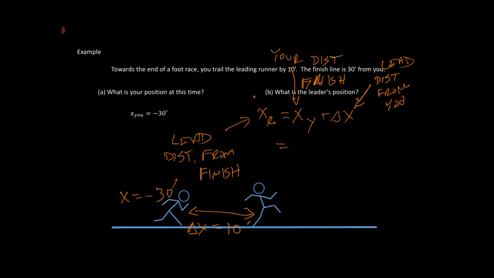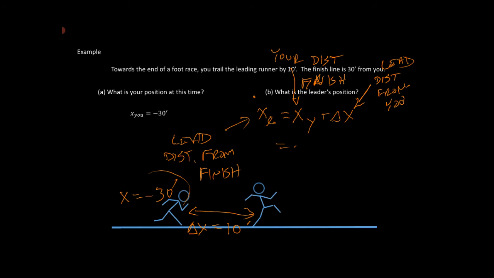So it's actually just a little bit of a logical thing. To find the leader's distance from the finish line, you take your distance from the finish line and add in his distance from you. Again, if you're minus, everything should be fine.